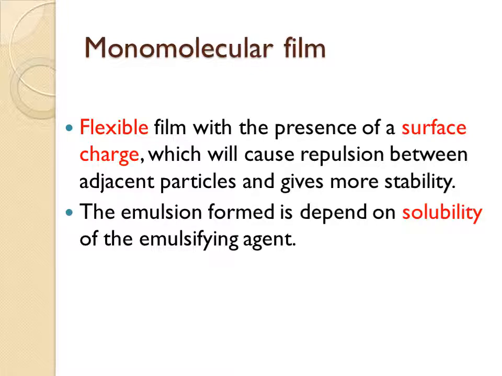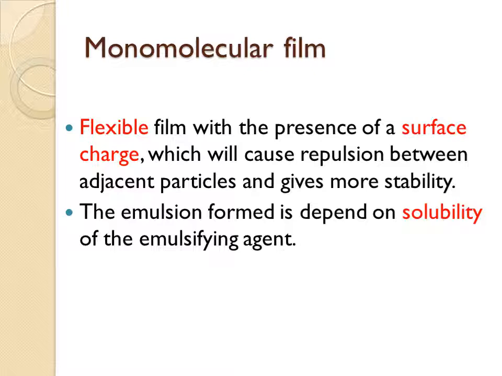First we go to the monomolecular film. A monomolecular film is maximally obtained with certain types of surface active agents. This monomolecular film is flexible and is present with a certain surface charge. The surface active agent has a polar head and a non-polar chain.